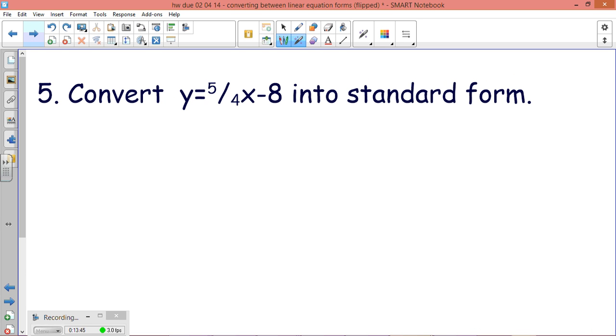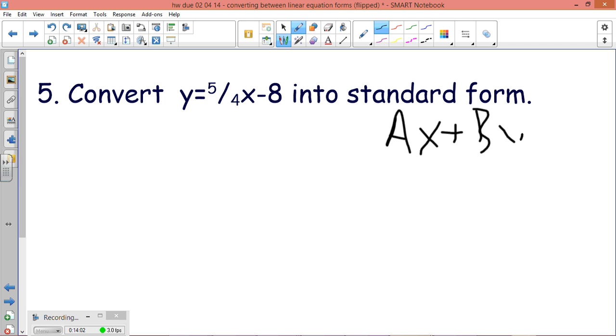Number 5, convert y equals 5/4 x minus 8 into standard form. We're back to my favorite, massaging equations around. I just want this to look like my standard form equation, which is ax plus by equals c, where a, b, and c are all integers.